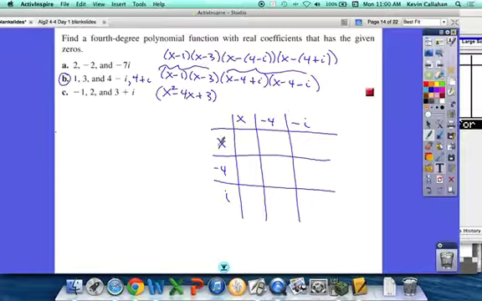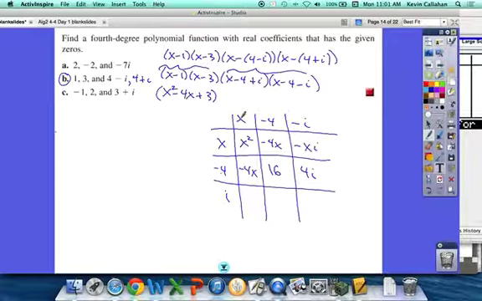All right, so let's look at this. x times x is x squared. x times negative 4 is negative 4x. x times negative i is negative xi. Negative 4 times x, negative 4x. Negative 4 times negative 4, 16. Negative 4 times negative i is positive 4i.